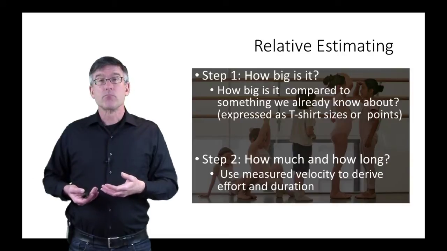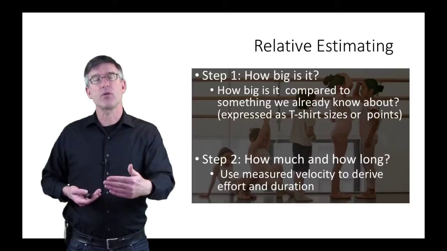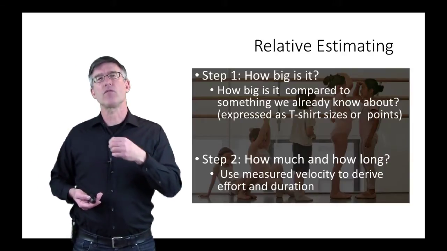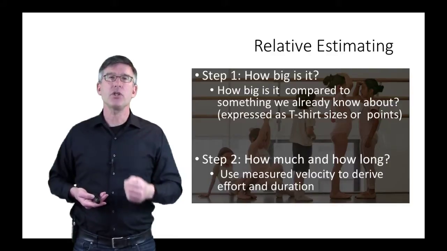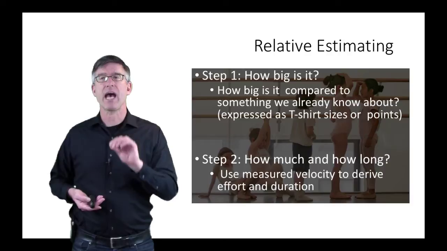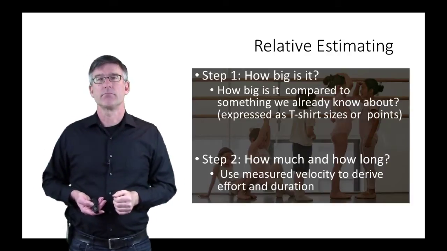And then when we want to convert it into how much time this will take and how long it is, we actually use something called velocity, which is a measured metric of how fast the teams we have can deliver on a t-shirt size or a point.